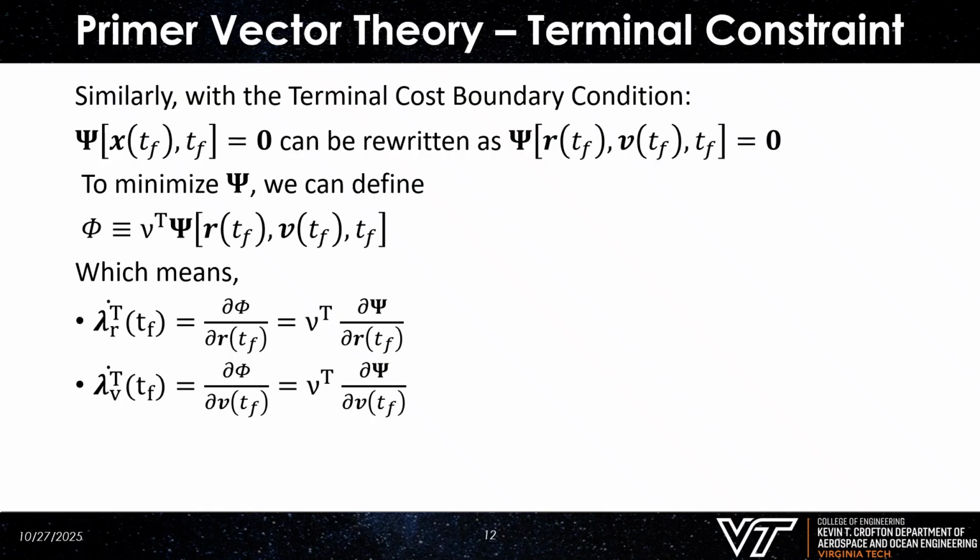When we take the partial of phi with respect to radius and the partial of phi with respect to velocity, we get these simple equations for the adjoint vectors of radius and the adjoint vectors of velocity.